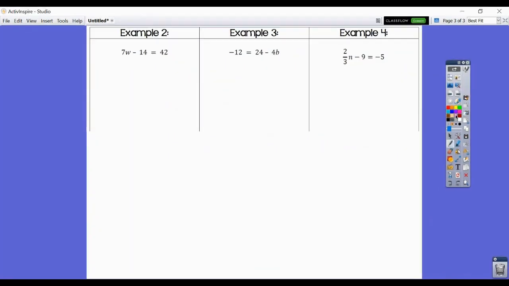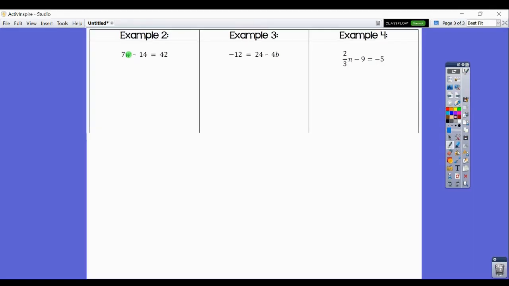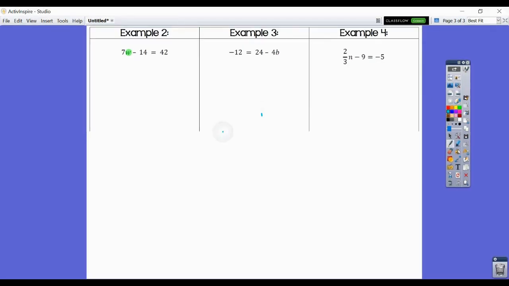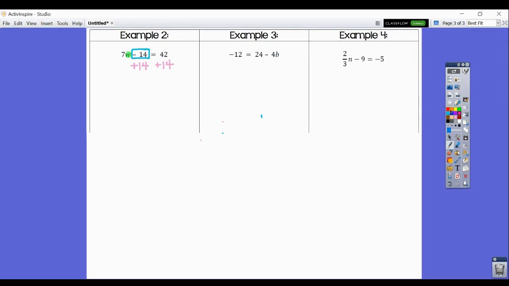Example 2. Again, let's locate the variable. It's w. That is what I want to get by itself. In order to do that, go in opposite of PEMDAS, thinking about anything that's subtracted or added to that variable first, which would be the negative 14. The opposite operation of that subtraction will be an addition. That's the only way I can get negative 14 plus 14 to cancel out to 0.